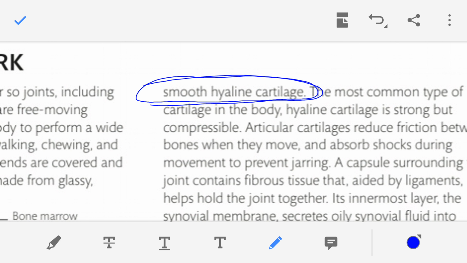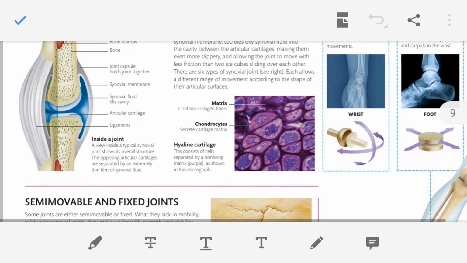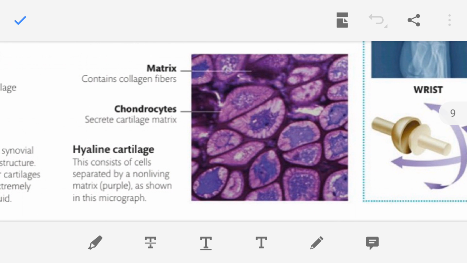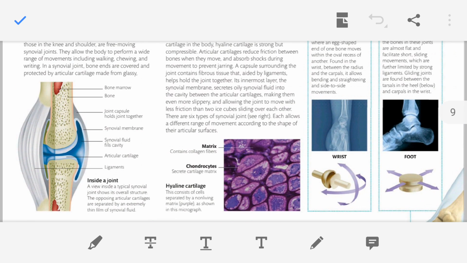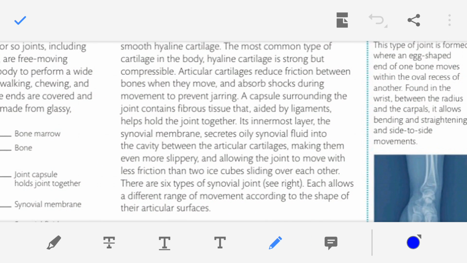So the articular cartilage present on the surface of the bone is actually hyaline cartilage. You have already studied the structure of hyaline cartilage. Just in case you are interested, I am showing you this figure of hyaline cartilage and some information regarding it, which you can go through.